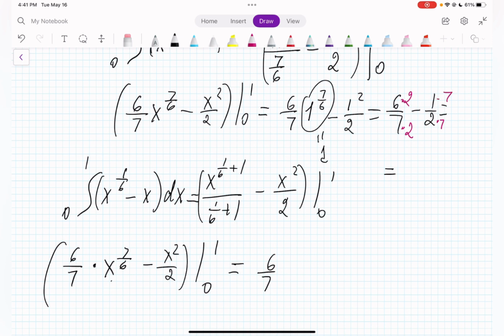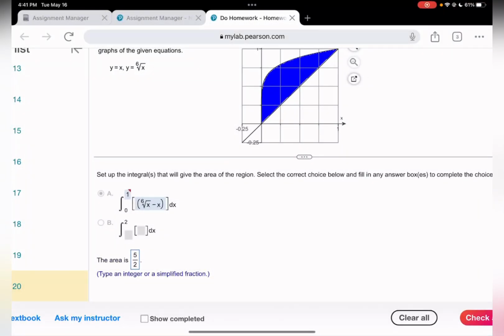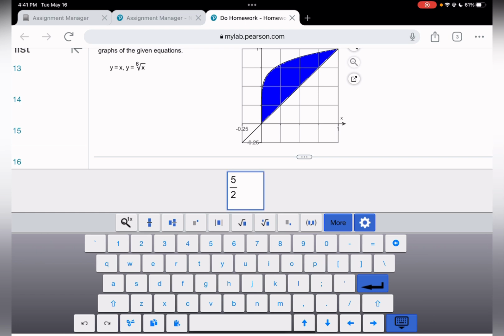And both of them are 14. Now I can do 6 times 2 minus 1 times 7. And we are getting 14 here. 6 times 2 is 12 minus 7. And I am getting 5 over 14. We need to fix this 14.